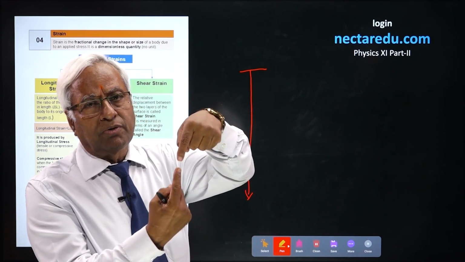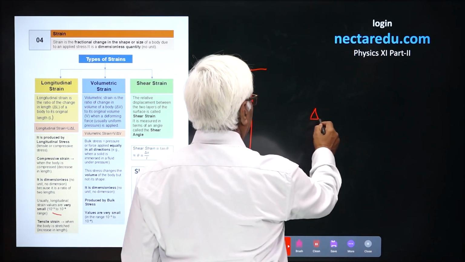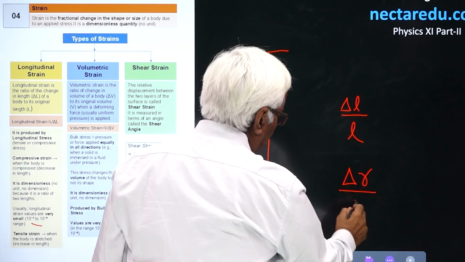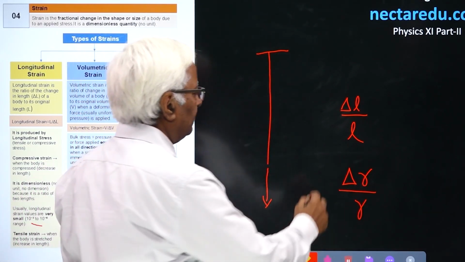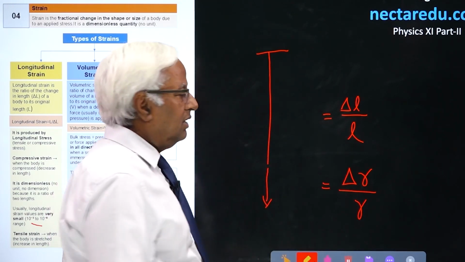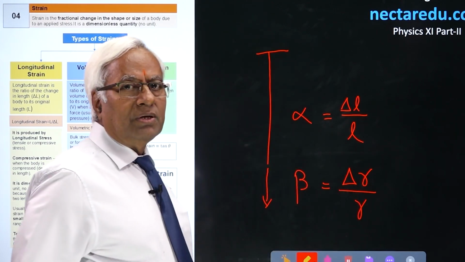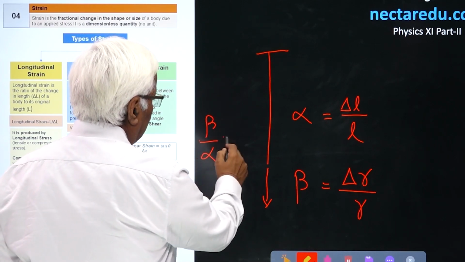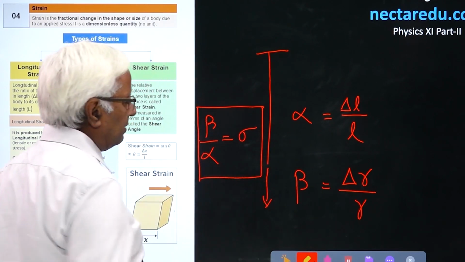The strain corresponding to length, delta L upon L, is known as primary strain. The strain corresponding to the radius is known as secondary strain. Sometimes these are also called primary and lateral strain. Alpha and beta terms are also used for these. And beta upon alpha is what we call sigma, that is Poisson's ratio. This also you have to remember.